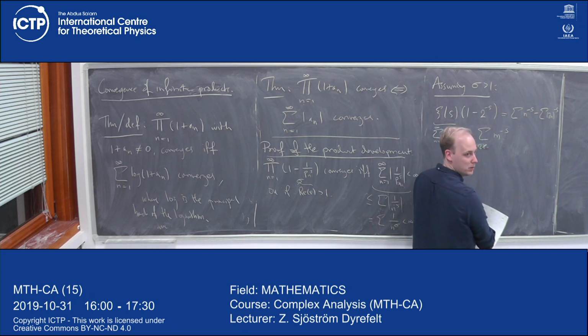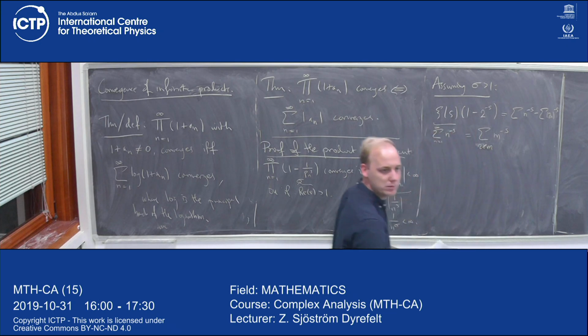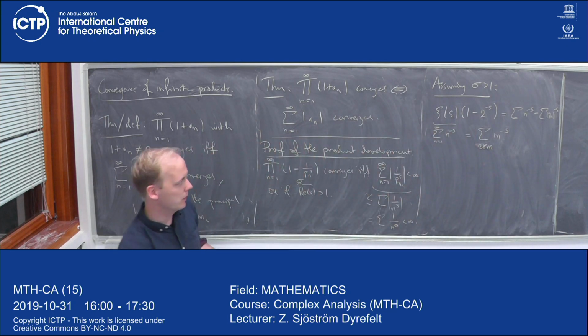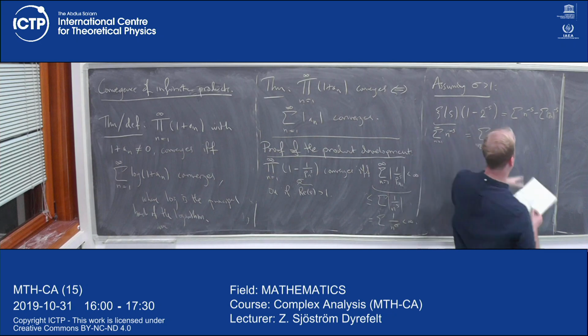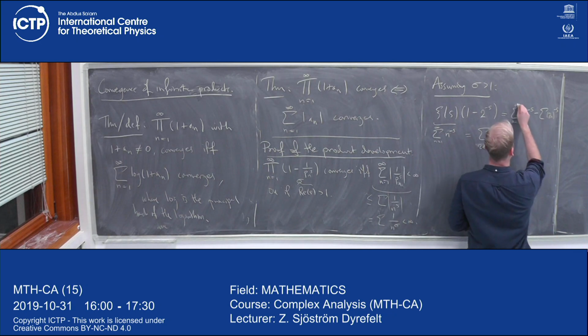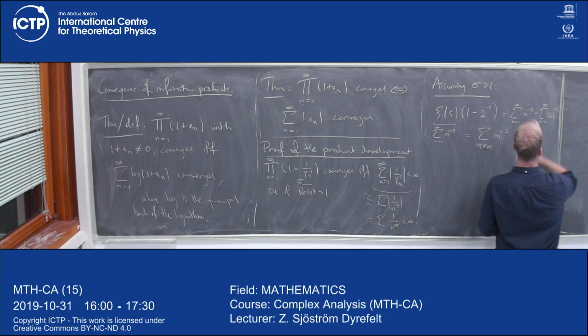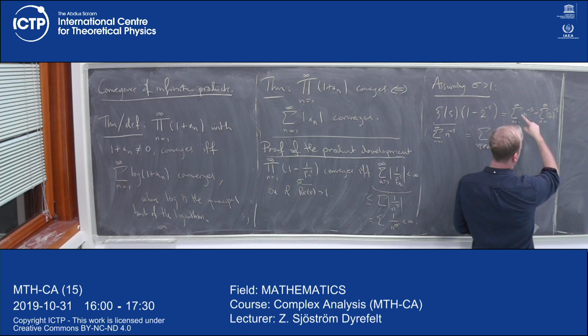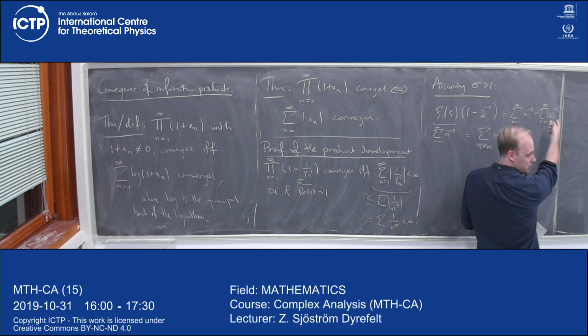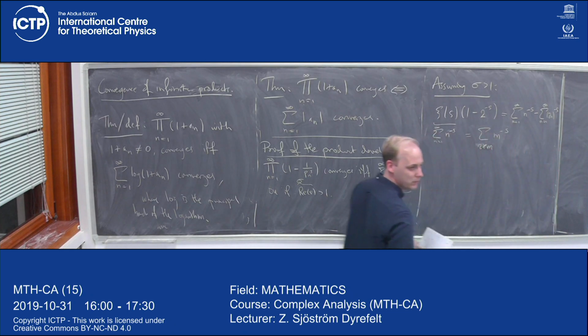All the odd n's, right? So 2 does not divide n. Because n goes from 1 to infinity here, n goes from 1 to infinity here. So here they cancel each other out whenever n is even. So what's left are the odd ones.